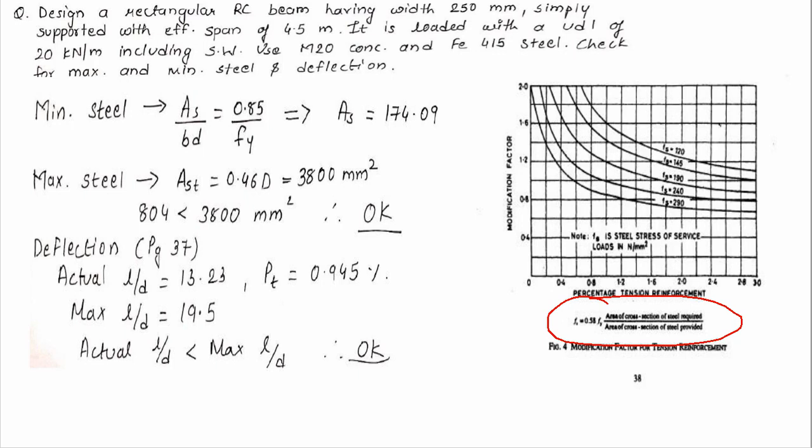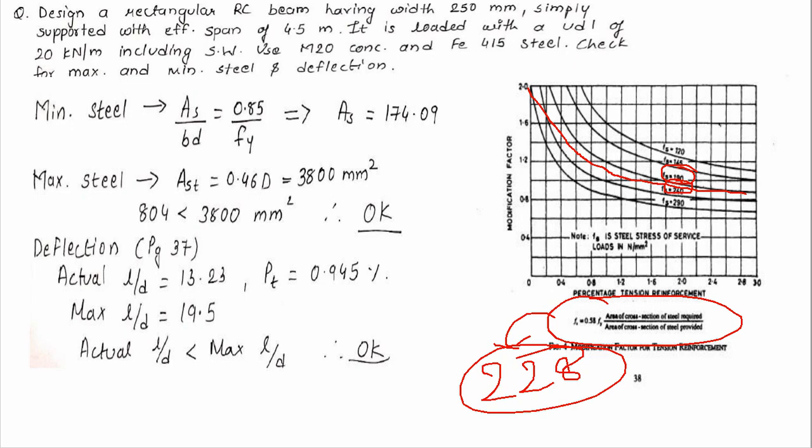Solving this, you will be getting an answer somewhere around 228 for this sum. But for 228 you need to interpolate the curve. That means this curve is given for 190, this curve is given for 240, so we need to interpolate and generate a new curve between these two curves.